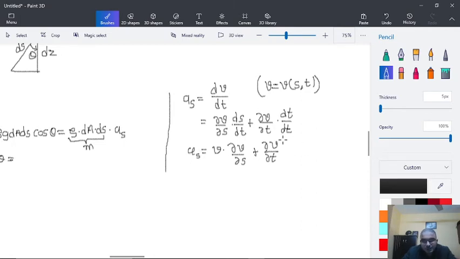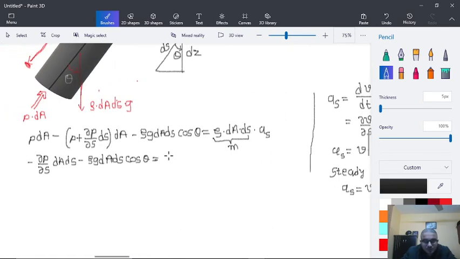And one more thing here, that we will be assuming this to be a steady flow, as we discussed in the initial part of our lecture. So for steady flow we will have dv upon dt as 0, so this term will not be present. So we are only left with as is equal to v del v over del s.